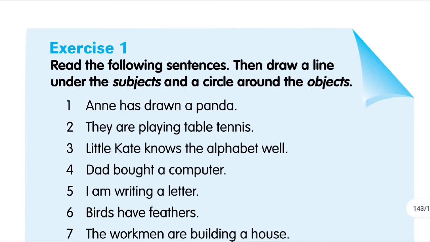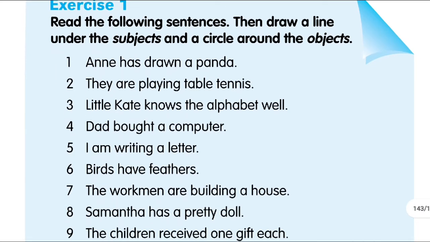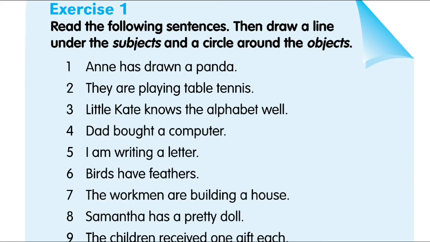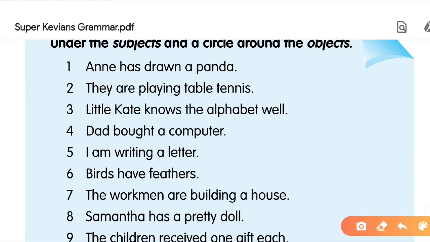So now we will have one more exercise. Read the following sentences, then draw a line under the subject and circle around the objects. So start this exercise, and let me do something for you also.